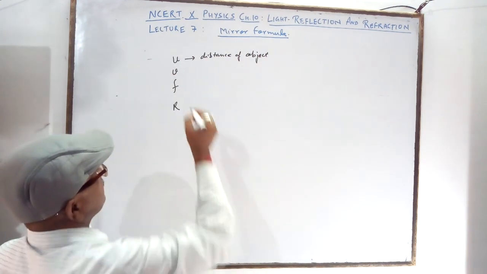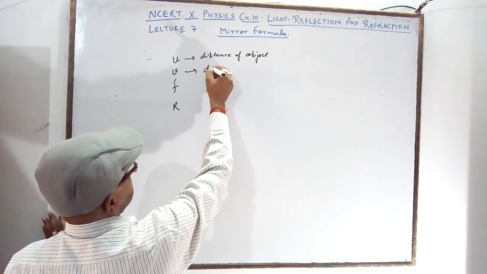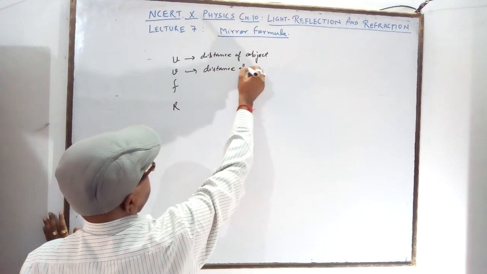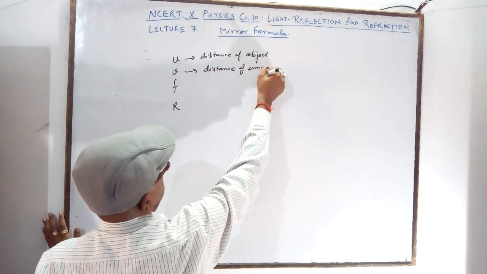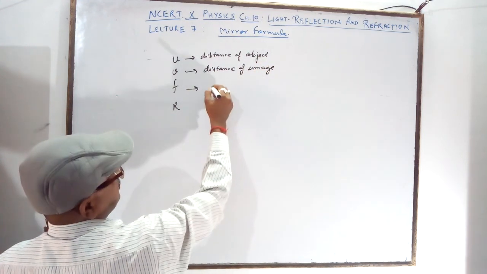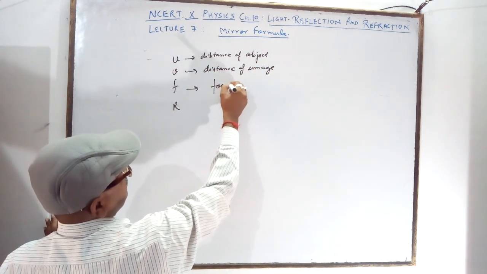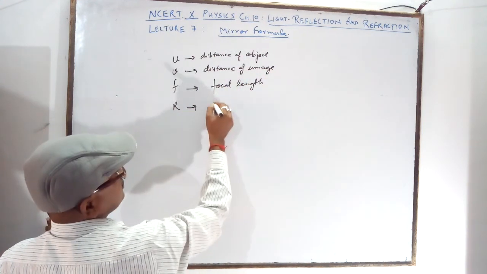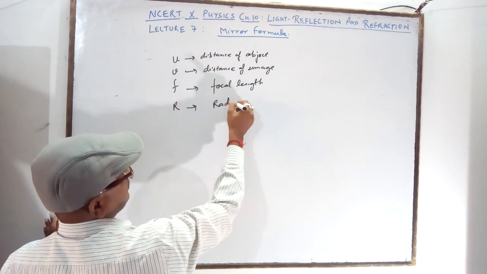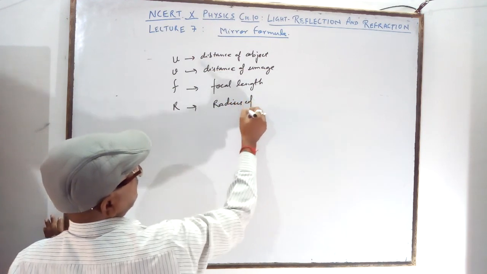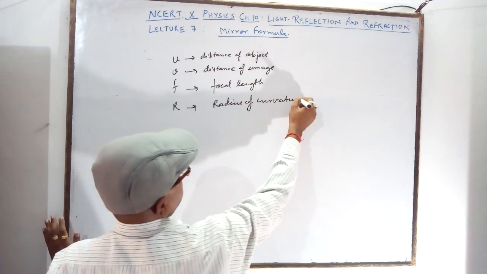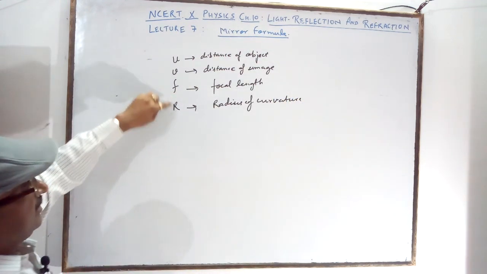V is the distance of the image. F is called focal length. R is called radius of curvature. So U, V, F and R.